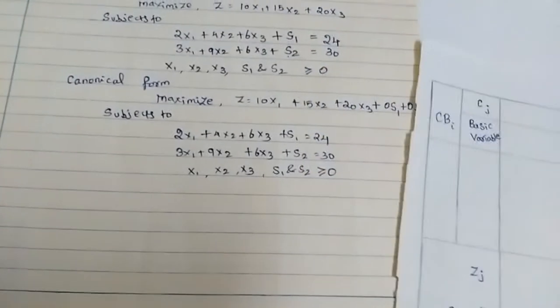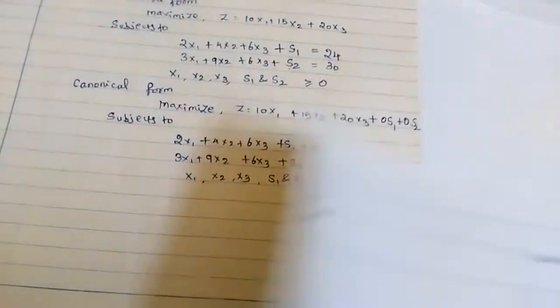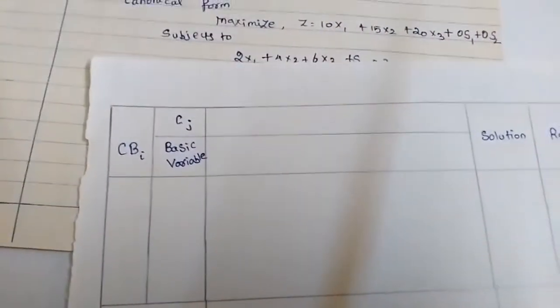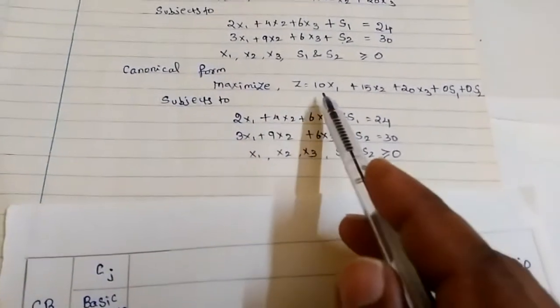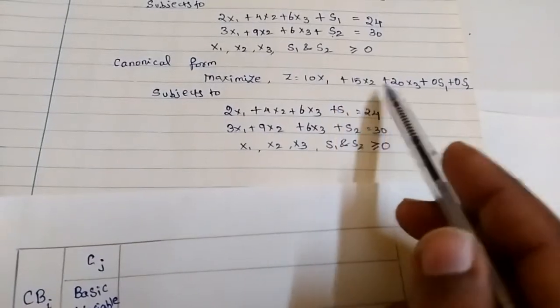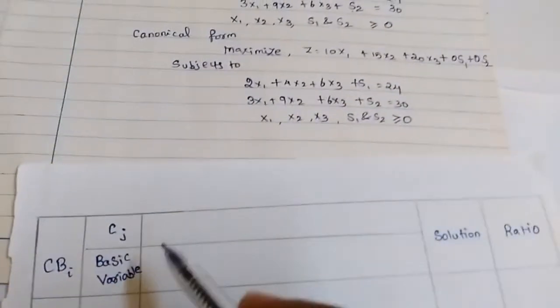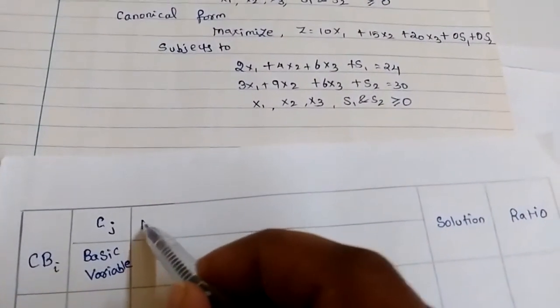From the canonical form we are going to fill this table. Here is the canonical form. What to write in the place of Cj: these coefficients 10, 15, 20, 0, 0.